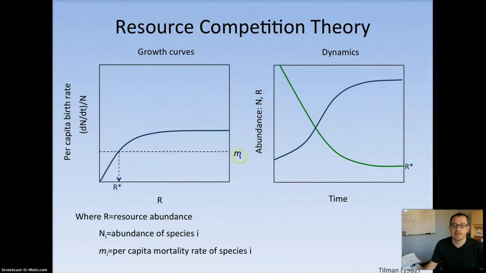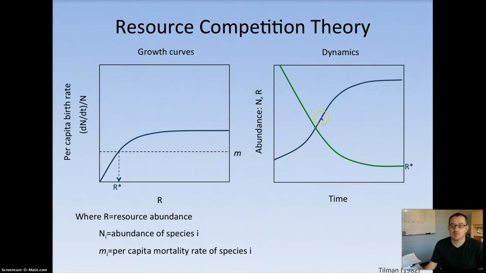That's illustrated a little more clearly on the panel on the right. We start this system with one species again, and the resource, which is shown in green. We start with a reasonably high amount of resource. Over time, that's being consumed by the species, and so we see the resource dropping. Meanwhile, the population is itself increasing.